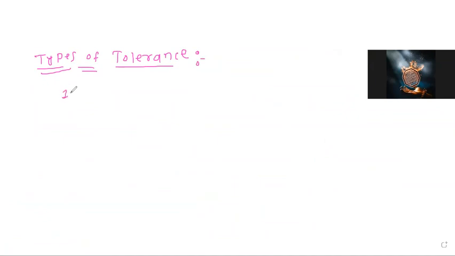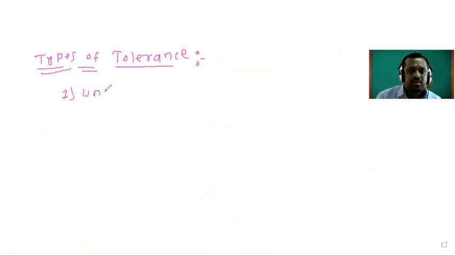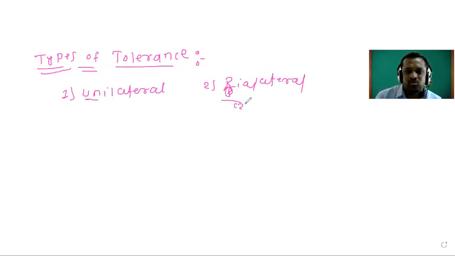Unilateral and bilateral. Okay. Unilateral, and second is bilateral. Then tell me what is the meaning of that uni word and what is the meaning of that bi? Bi means two. Uni means one. Is it correct?